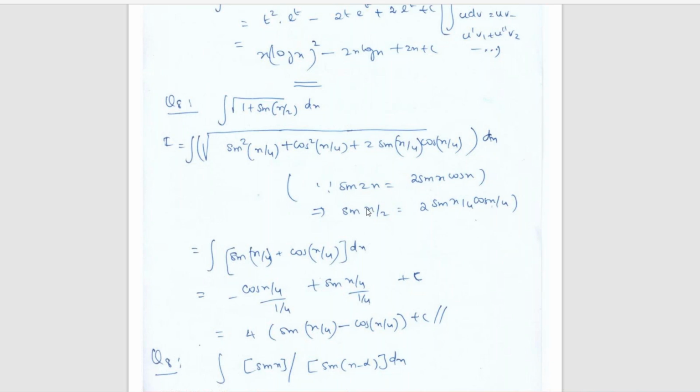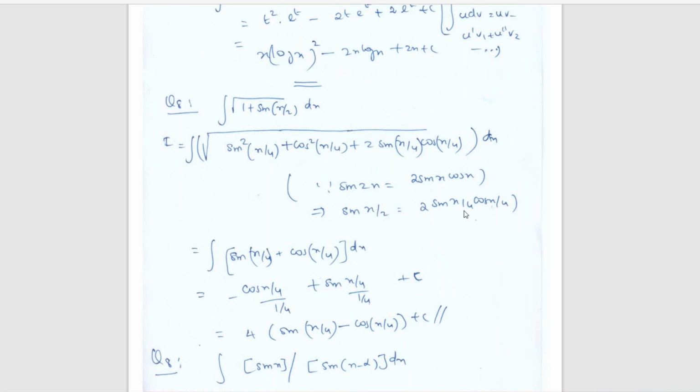Sine 2x is 2 sine x cos x. From this, if you have 2x, then we are getting x here.